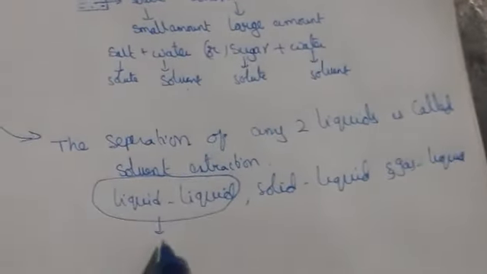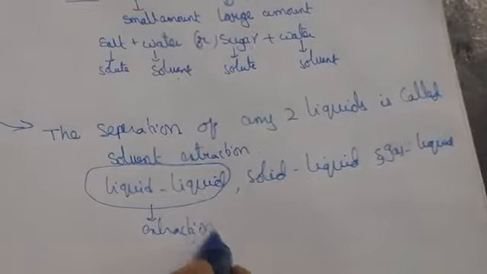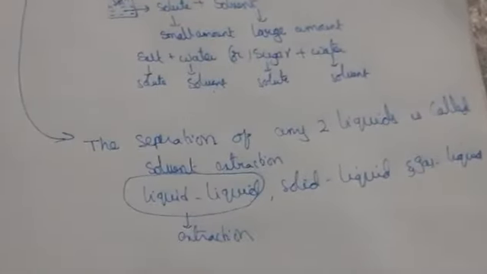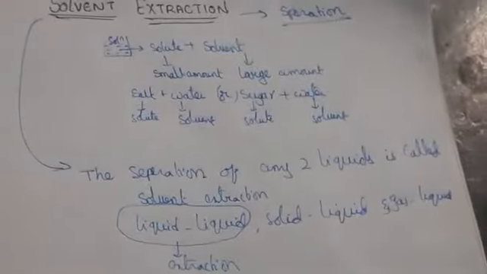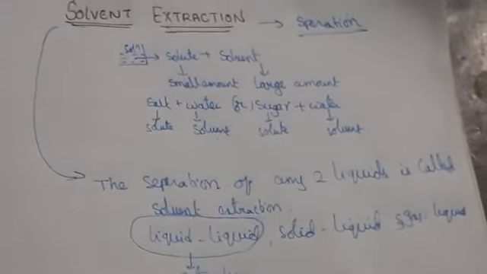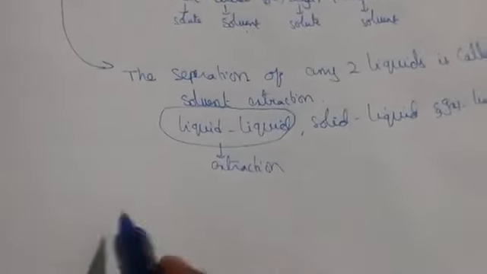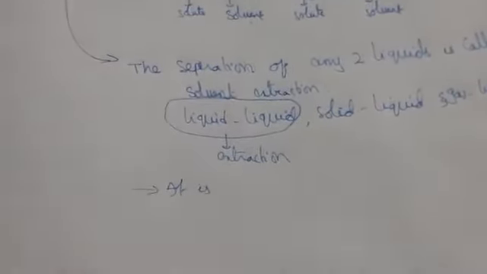This liquid to liquid extraction is very important to separate the solvent extraction. So this is about general introduction of solvent extraction. Generally solvent extraction is very cheap. It is not an apparatus or instrument.